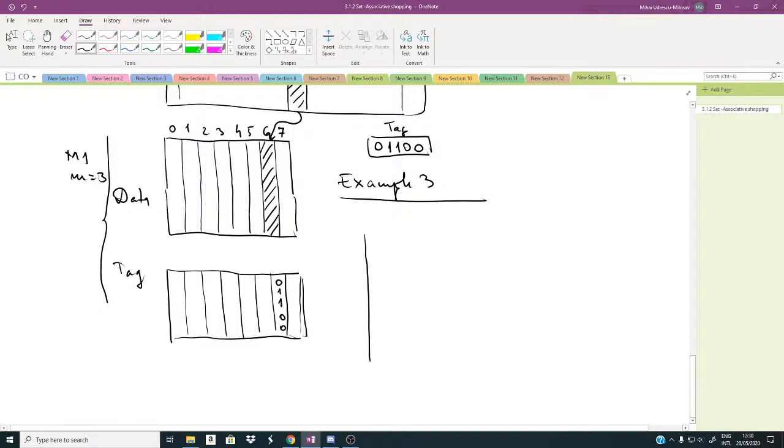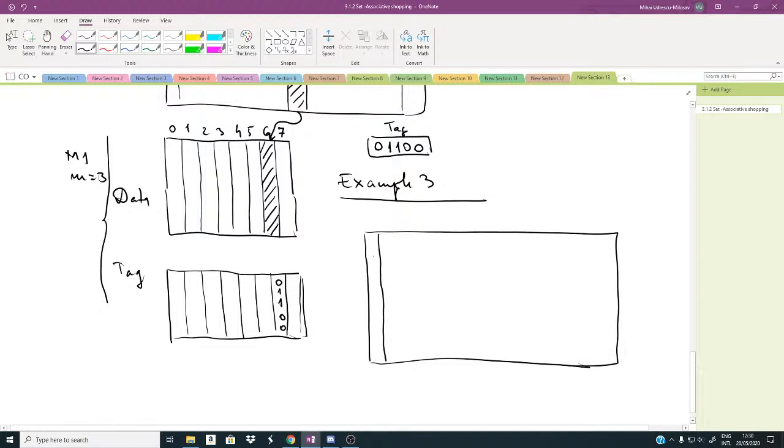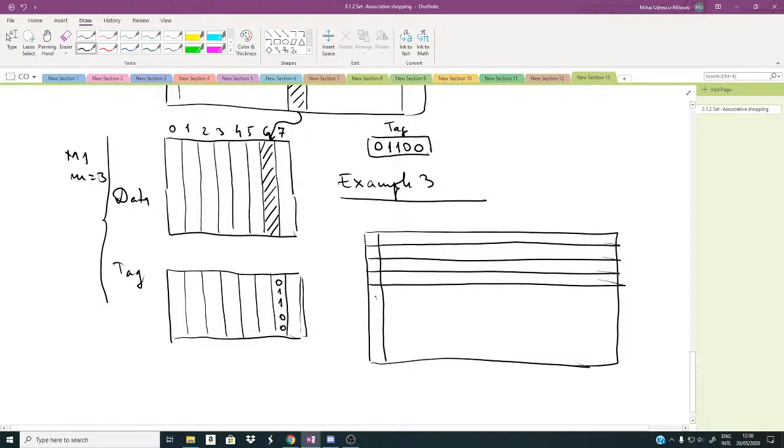So our cache would be something like this, right? You have only one bank. If the cache is initially empty, I can put some numbers here, but these numbers are not used.